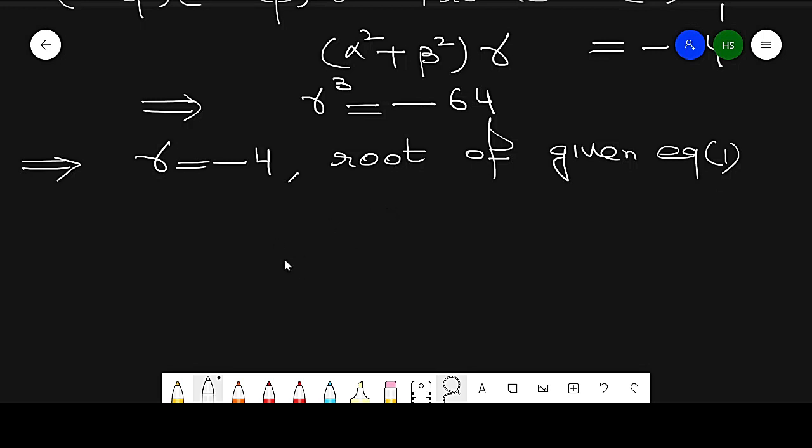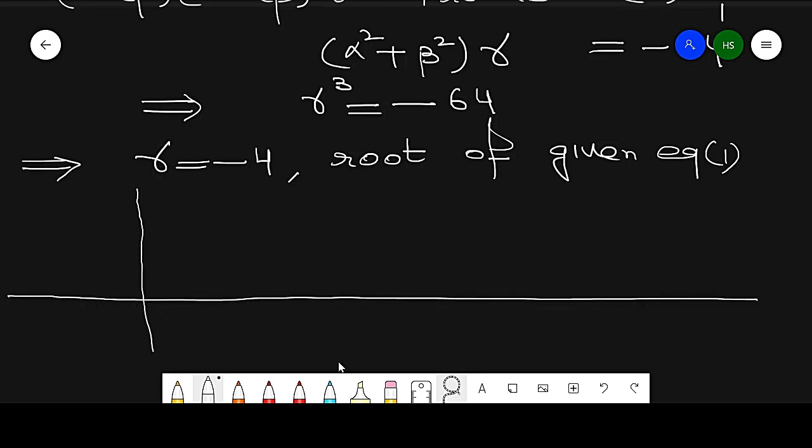So the remaining two roots we will find from the quadratic equation by using the synthetic method of division. So this will be 1, minus 2 coefficient, minus 8 and 64, and here the root is minus 4.